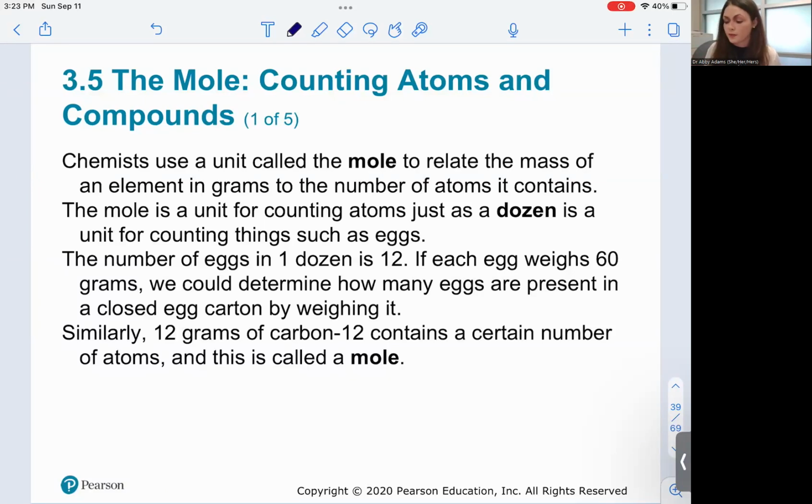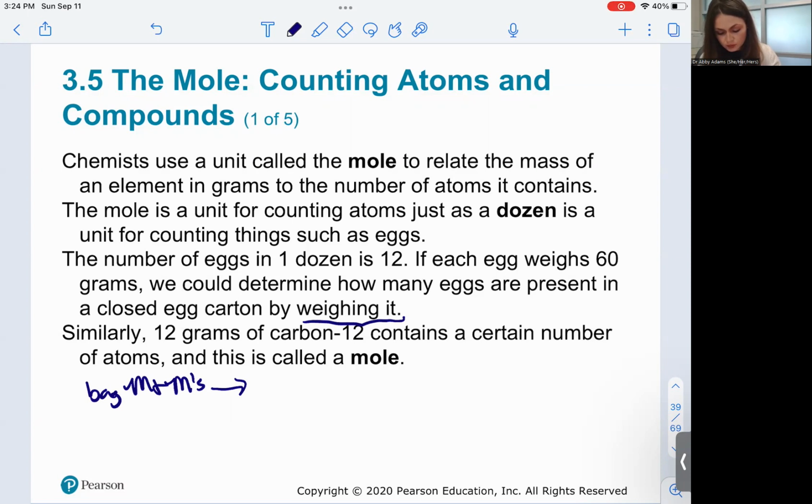You can also think about this sort of like M&Ms in a bag. Let's say we have a big bag of M&Ms, and let's say you weigh one of them, because maybe the egg example didn't do it for you.